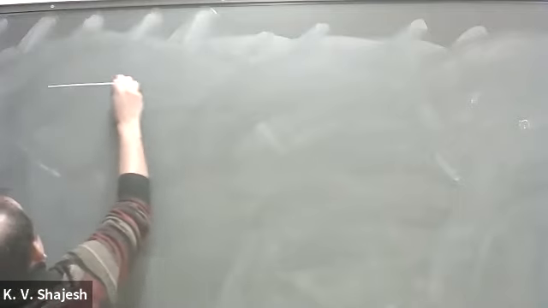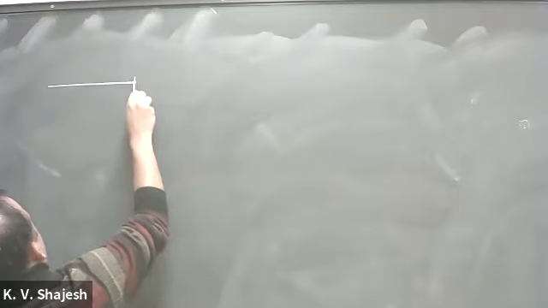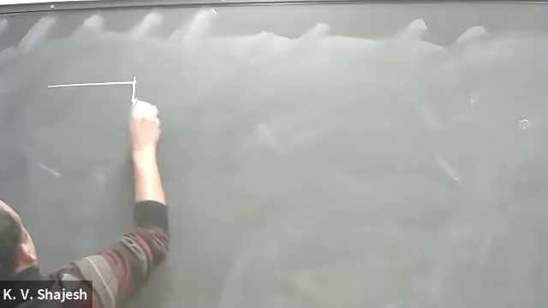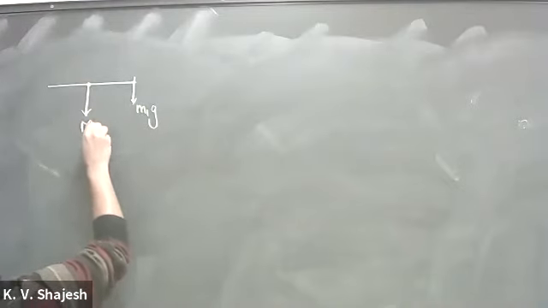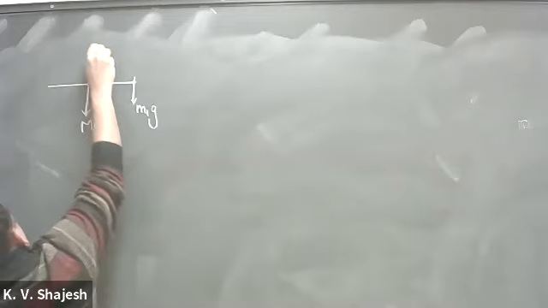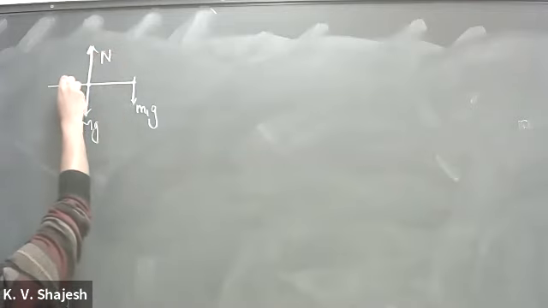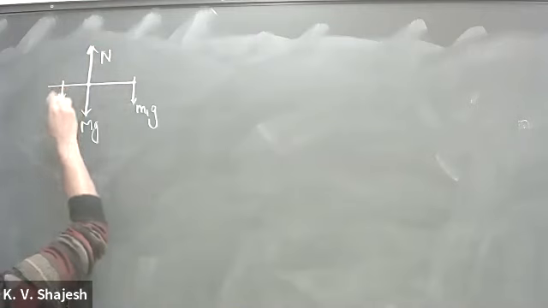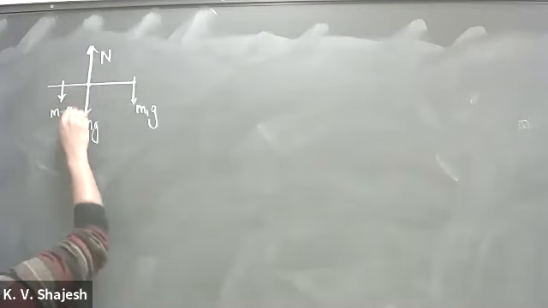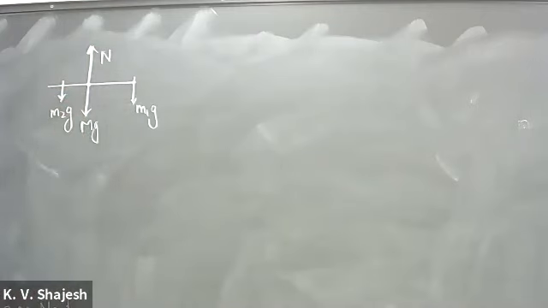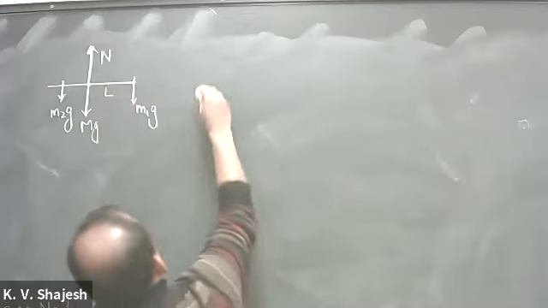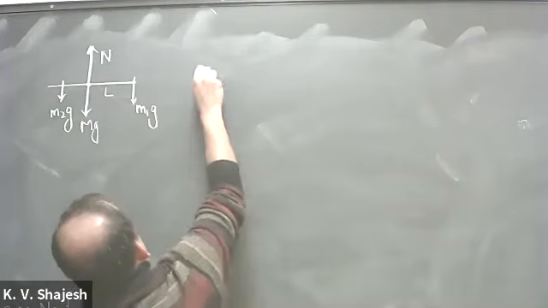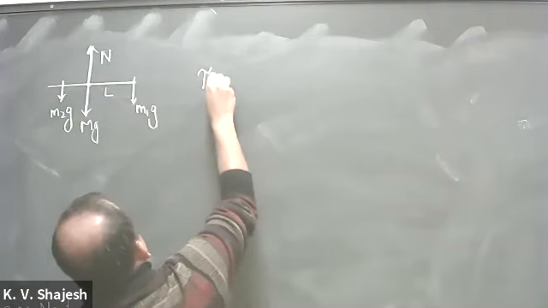Again, we have this diagram. So that's your M1G. That's your center of mass, capital MG, the normal force, and that is M2G somewhere here. That's your forces, and this length is L. Let's begin with what's the torque due to the normal force.